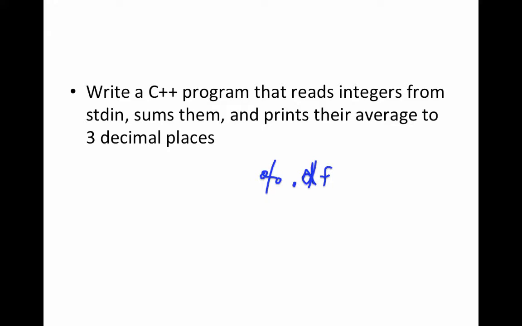So you start with the dot. Here, N is a stand-in for the number of digits you want to print after the decimal point when printing a floating point number.